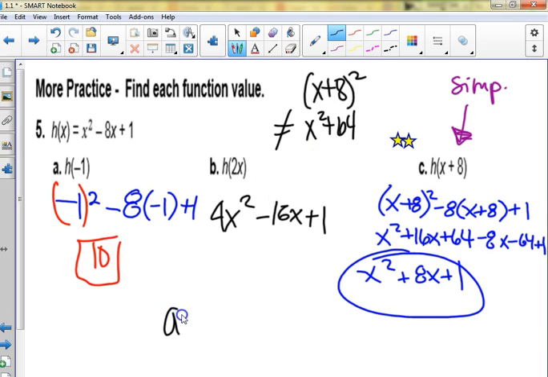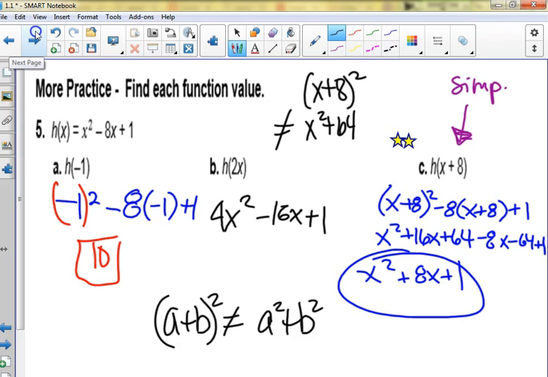It says a plus b quantity squared does not equal a squared plus b squared. All right. Everybody better? It's below the kitten meme.